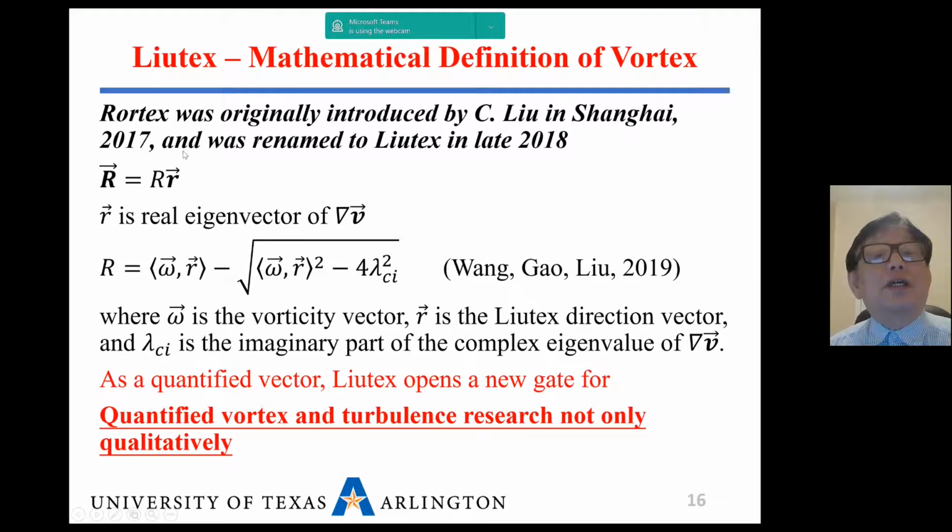Now I introduce the new definition, Nutex, which is a mathematical definition of vortex. Nutex is a vector. The direction is the real eigenvector of the velocity gradient tensor. The magnitude is given by this formula, which is given by Dr. Wang and others in 2019.